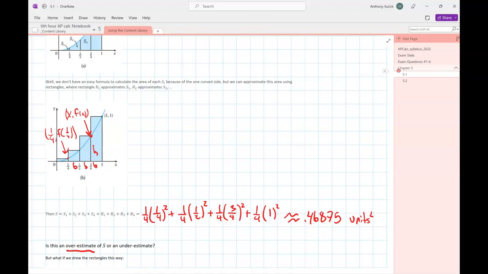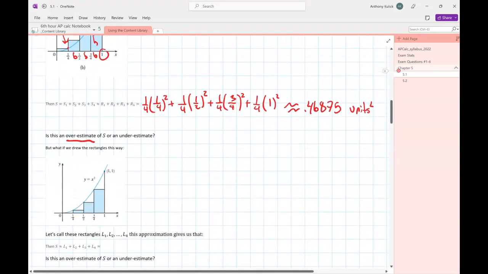Everybody agree with that? So here you notice that we're using the right-hand endpoint of our interval as our proxy for our height. Why didn't we use the left hand? Well, we could have, right?